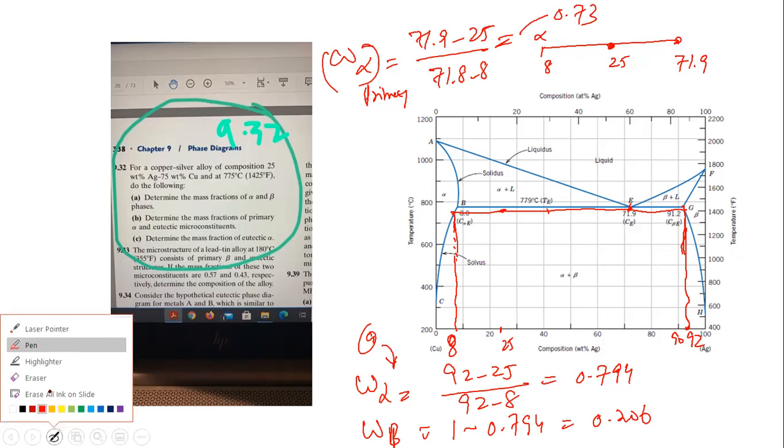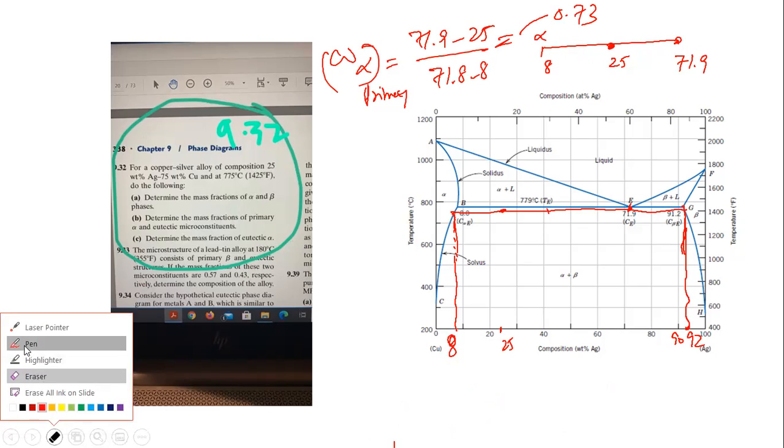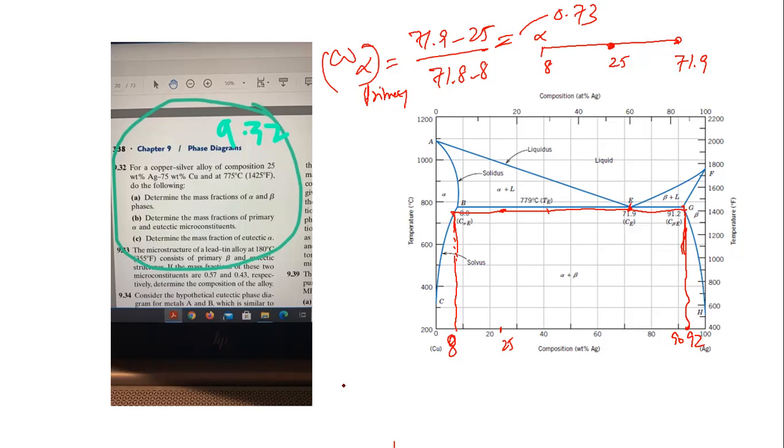Now for the microconstituents, applying the similar law, W of microconstituents is equal to, since the microconstituents are on this side, you consider this, and it gives 25 minus 8 divided by 71.9 minus 8, which gives you 0.266.